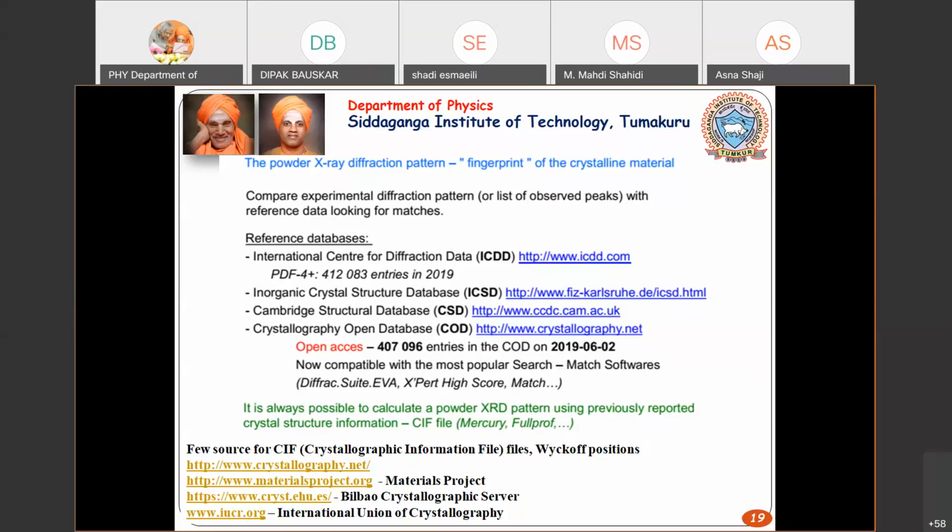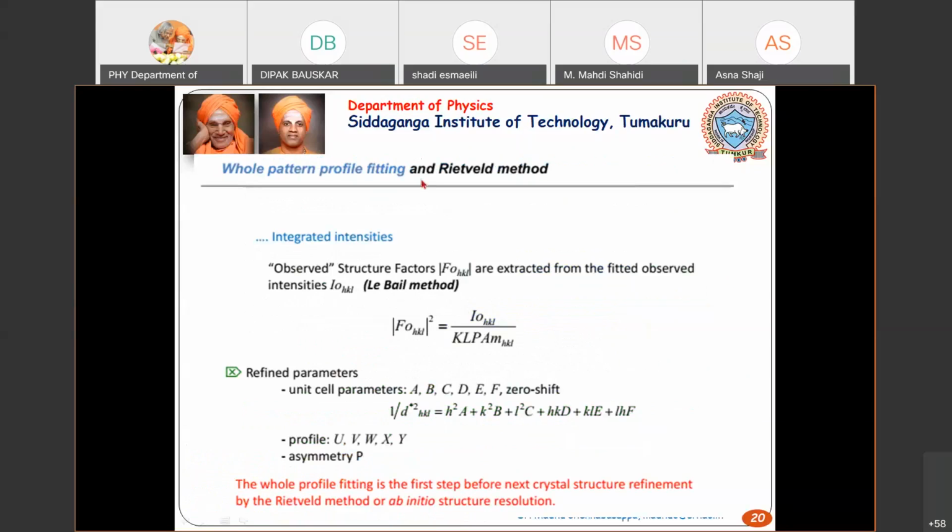Now what we did in the previous case is what we call whole pattern profile fitting. So in our case we did Le Bail fitting. This slide again I took from my old lab. Normally there you play with the ABC, alpha, beta, gamma and also U, V, W, X, Y parameters. Even if there is any asymmetry, you can do fitting.